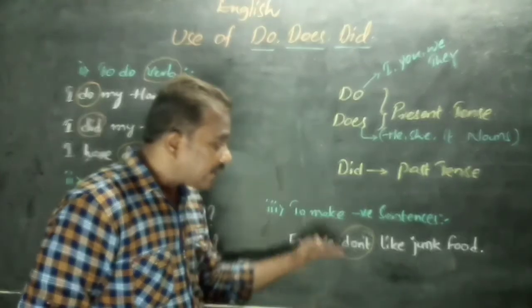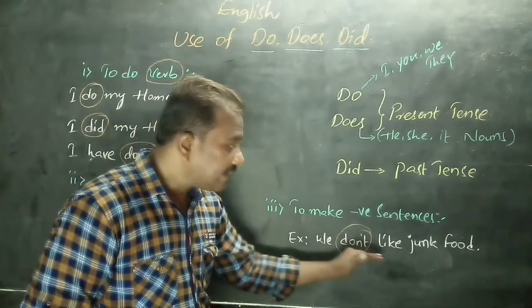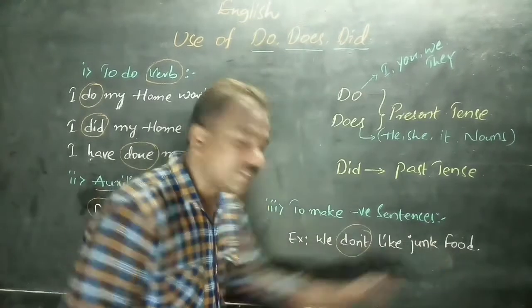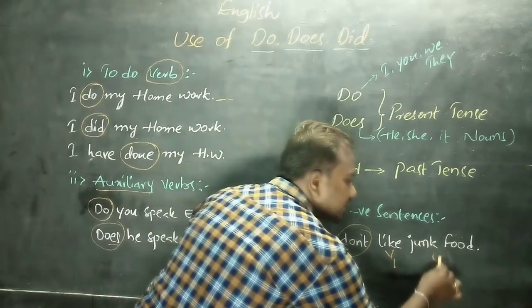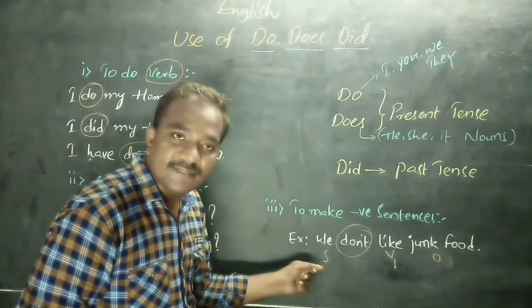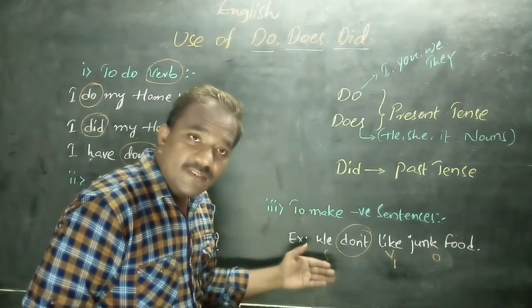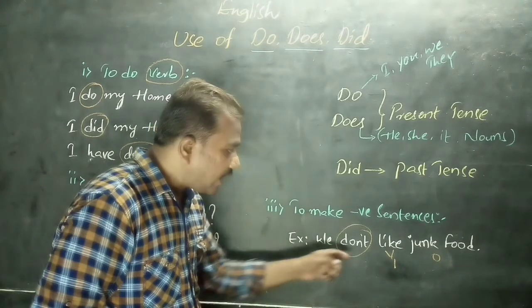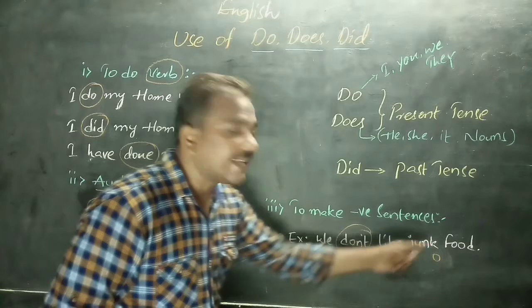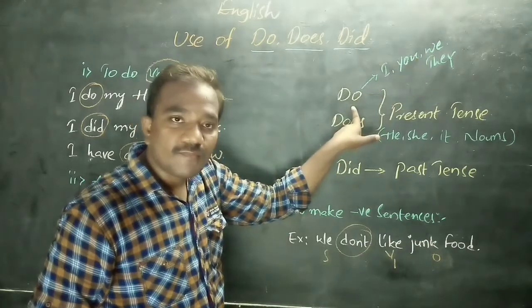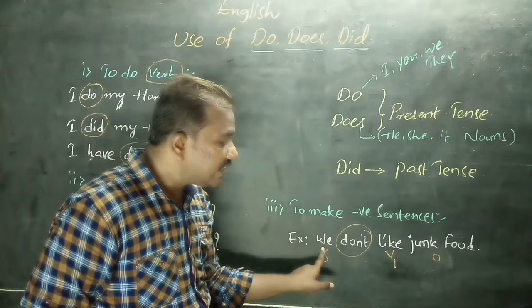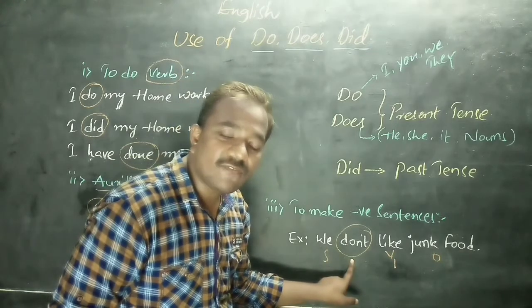This is nothing but subject, verb one form and object, and a simple present tense. To convert simple present tense into negative, I used we don't like junk food. See here, we can be used along with do, isn't it? Instead, she doesn't like junk food.